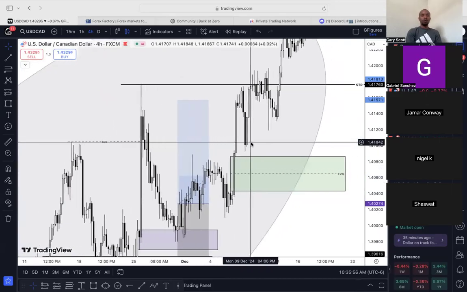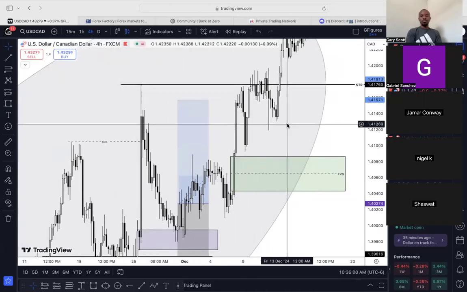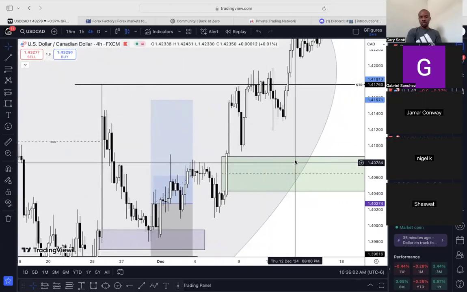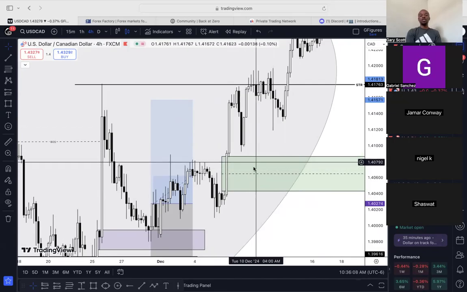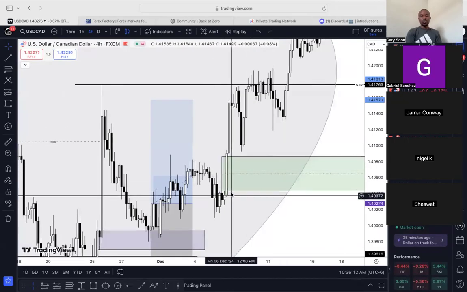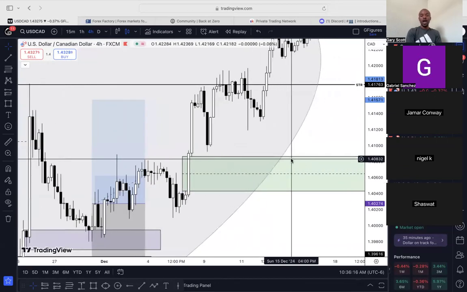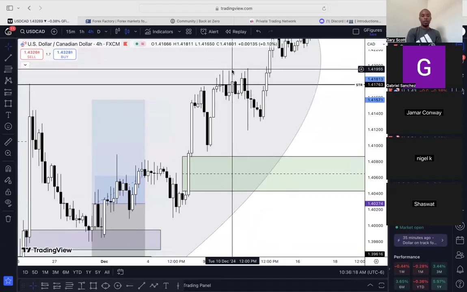So, example, if price did break structure like it did here, and then when it pulled back, if it decided to come all the way back to this fair value gap, it was granted, because that's a deep zone right next to an order block, right? You see that? Right next to an order block. So price could definitely have come here. But what happened is it broke structure, right?